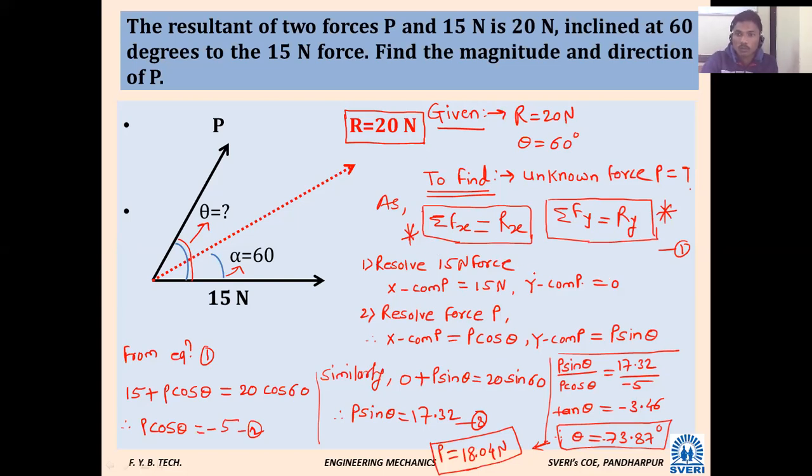Summation of all x components due to all the forces will be equal to the x component of the resultant.